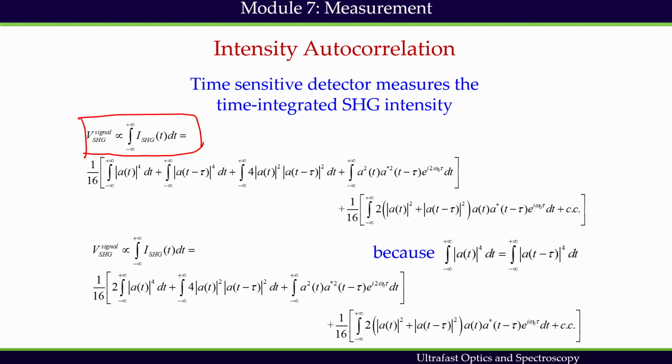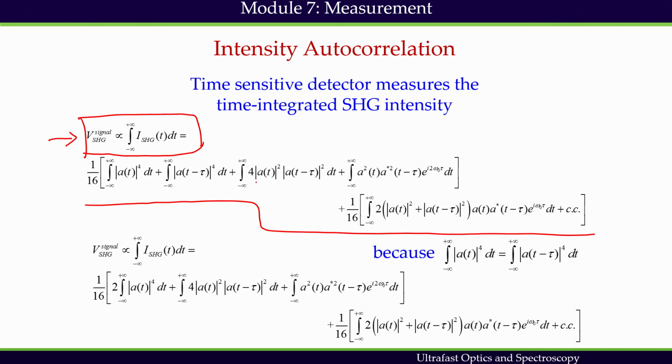It is an integration of the intensity profile. So, in the end what we measure is proportional to this V signal, which is nothing but this expression. And in this expression, one can carefully look at the different terms, and then will be able to get this expression.